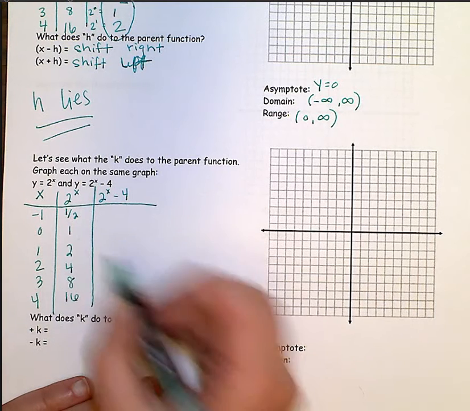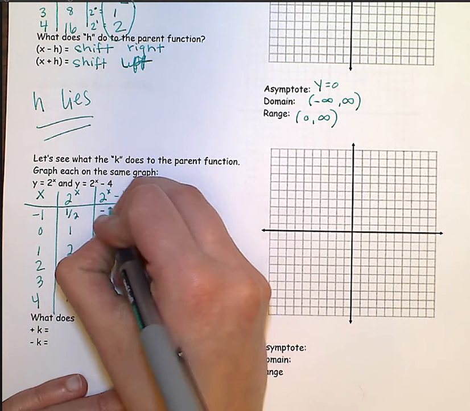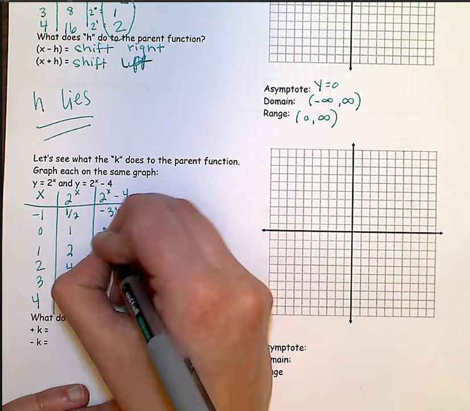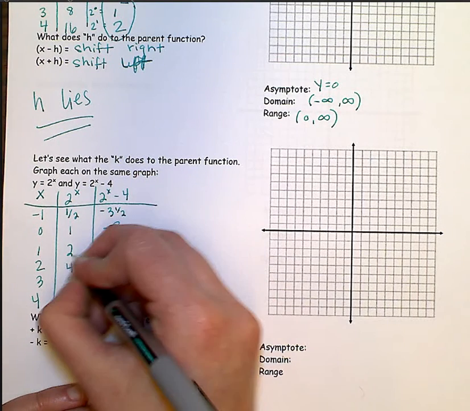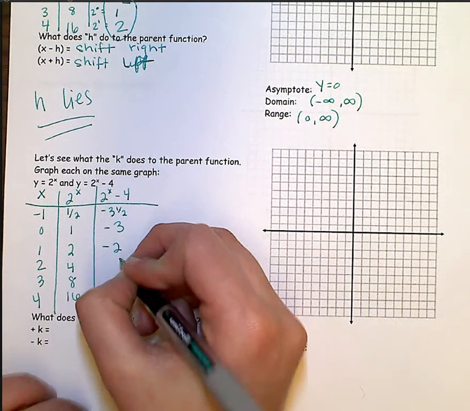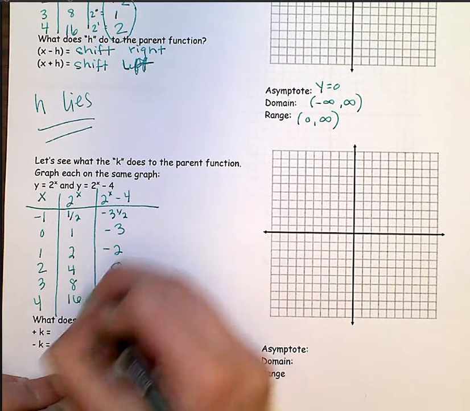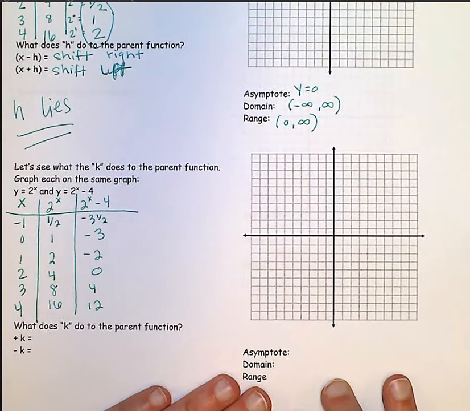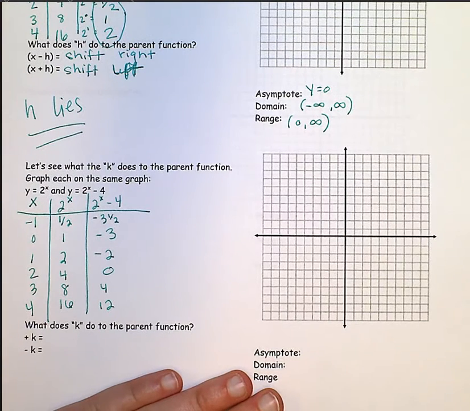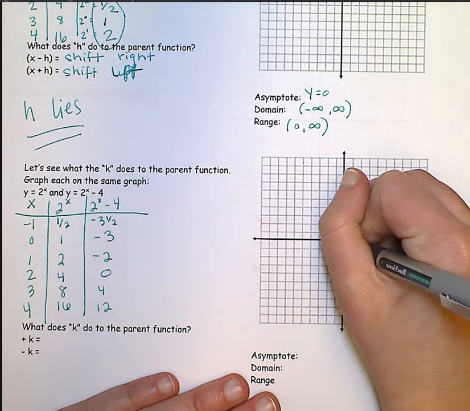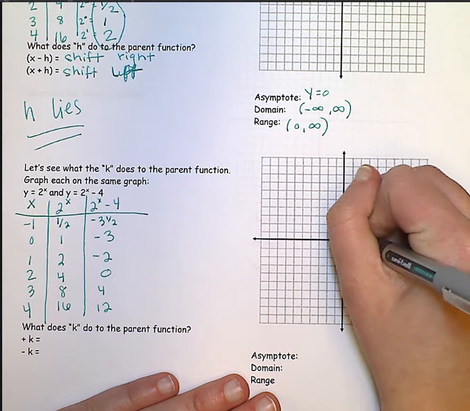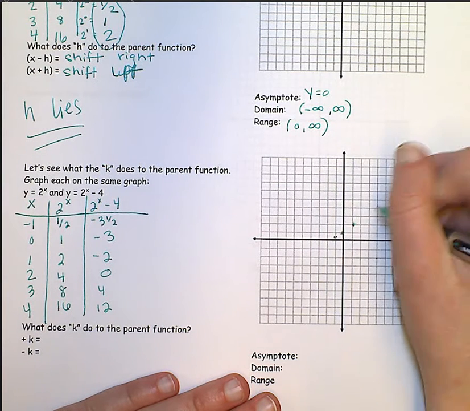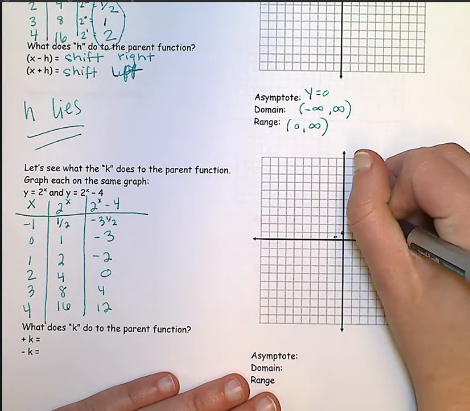So 1/2 minus 4 is negative 3.5. 1 minus 4 is negative 3. 2 minus 4 is negative 2. 4 minus 4 is 0. And we get 4 and 12, and so on. So when we graph this guy, let's graph our parent first, which is at negative 1, 1/2; 0, 1; 1, 2; and let's do one more, 2, 4.